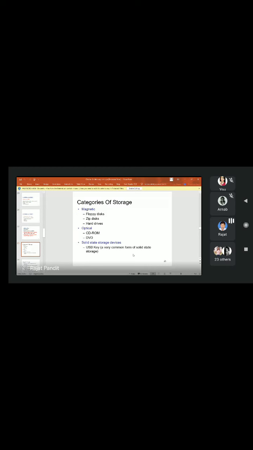Then the zip disk is there. This zip disk concept is available, but for processing these disks, you need the drive, floppy drive, zip drive. Otherwise, how can you process it? Then the hard drive. Okay. Then the optical CD-ROM, DVD, and then the solid state storage devices use the USB key, a very common form of solid state storage.